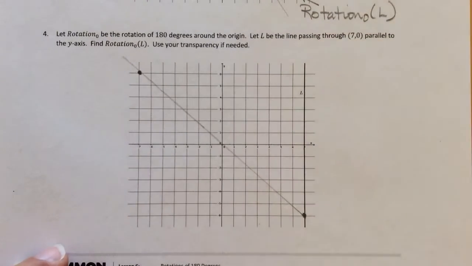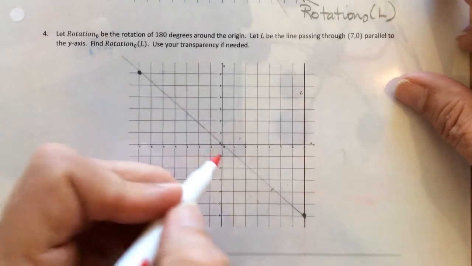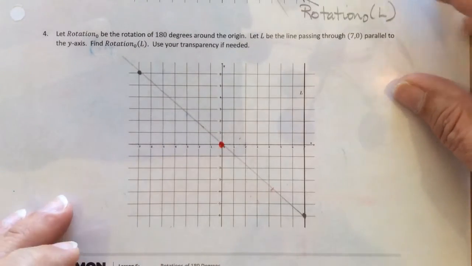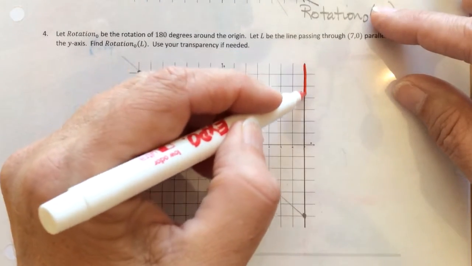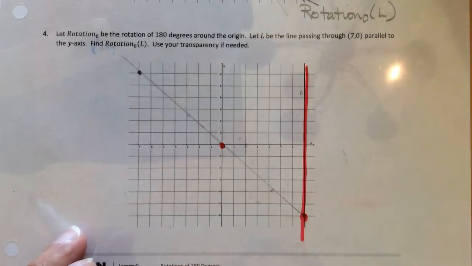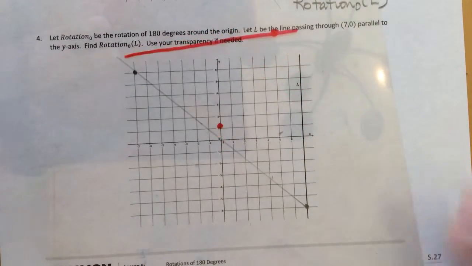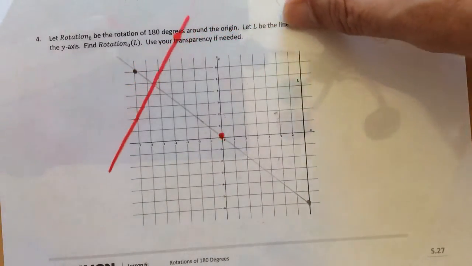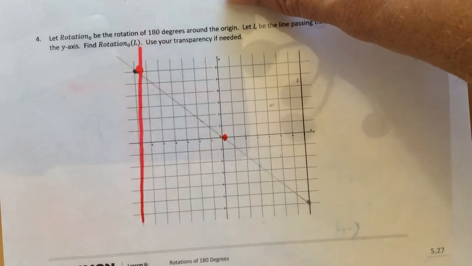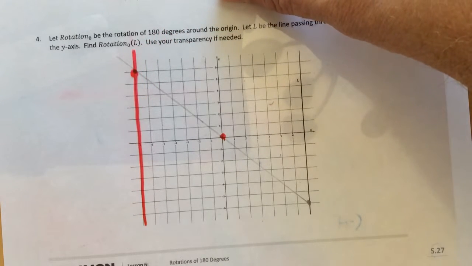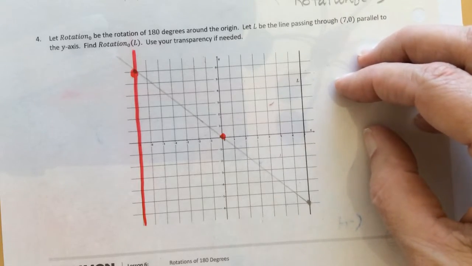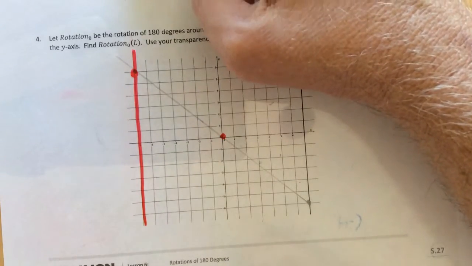And I'm going to use my transparency still, and rotate around the point, the origin. And here's my line and that point right there. So let's go counterclockwise this time, since that's what we're supposed to be doing. 180 degrees. Keeping the origin together, matching those points up, and you'll see that there's our line of rotation.